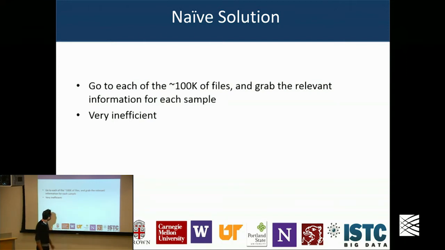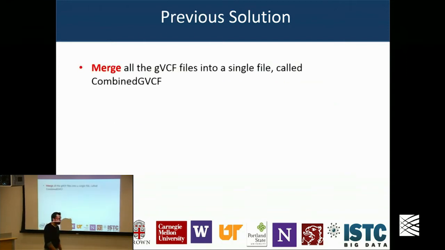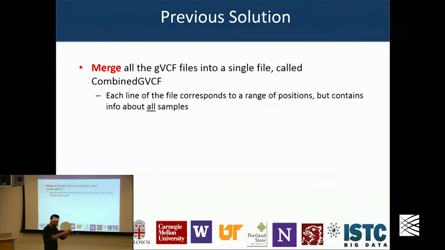This doesn't work. All right, so what was the previous solution from GATK? And that was like a couple of years ago. And this is what we're trying to substitute, right? So the idea is to merge all these GVCF files. Just create one file, and then each line is going to contain a range or a particular SNP or indel for all the genomes, right?